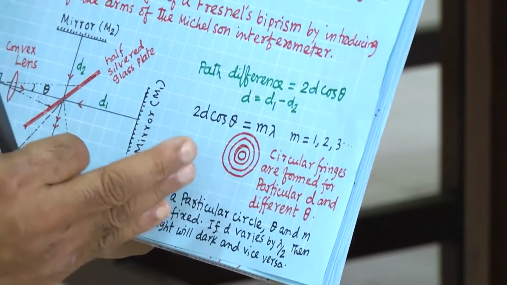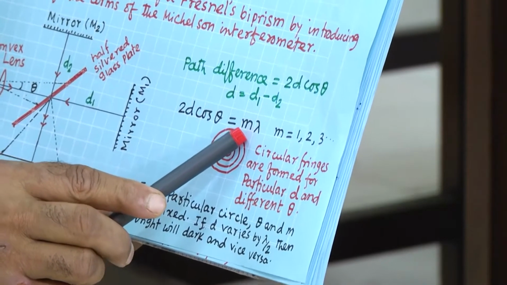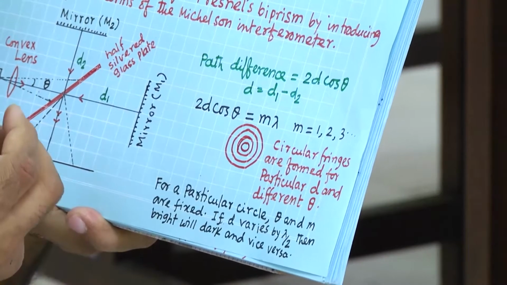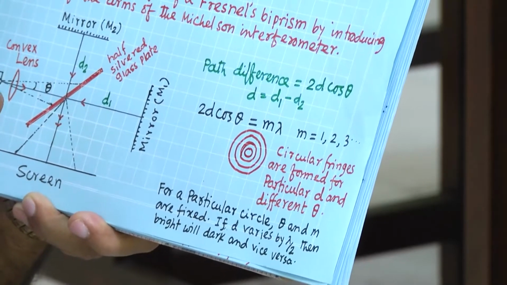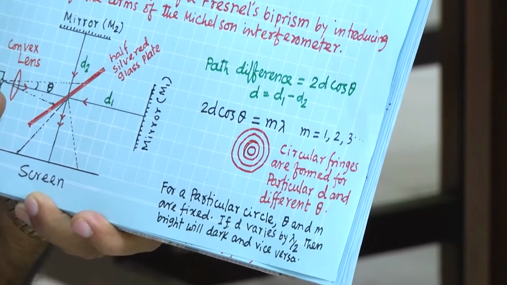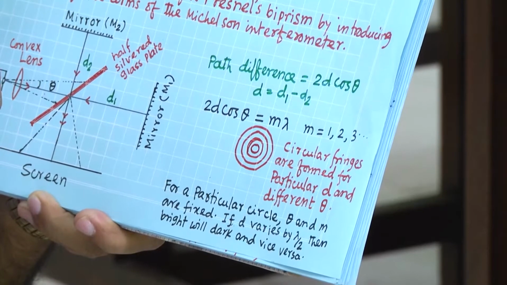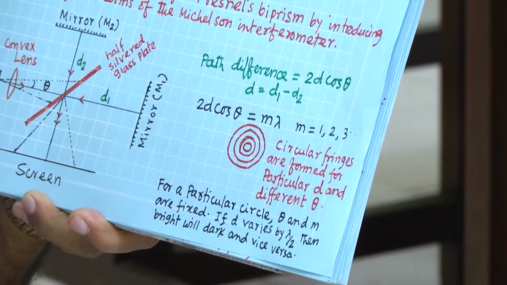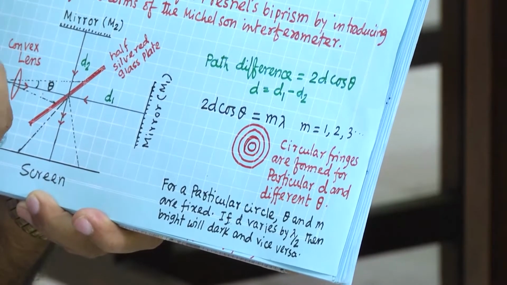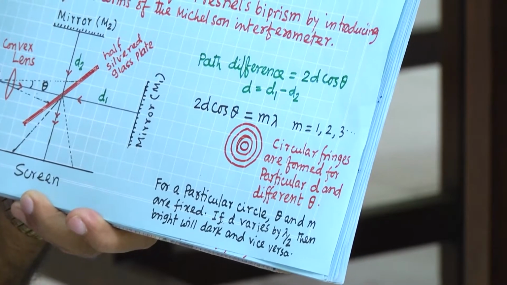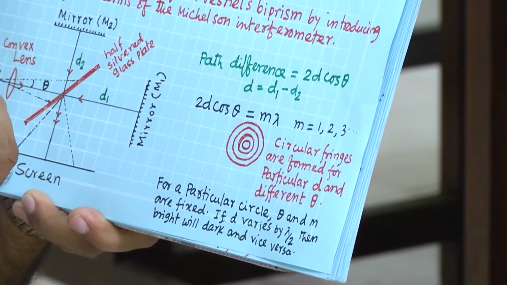If you decrease this d, m will decrease. Then what will happen? To reduce the order of the center one, you will feel that these rings are generating and going out from the center, going outside. So, you will feel that fringes are appearing.